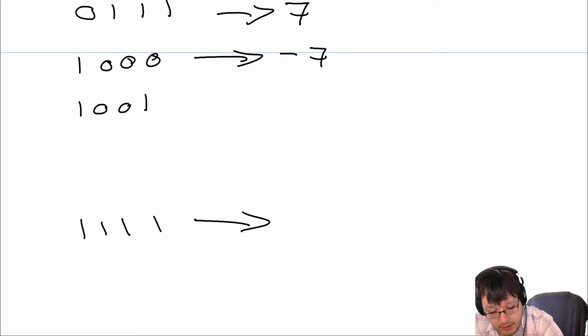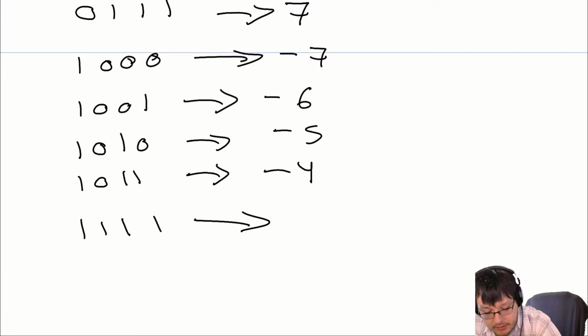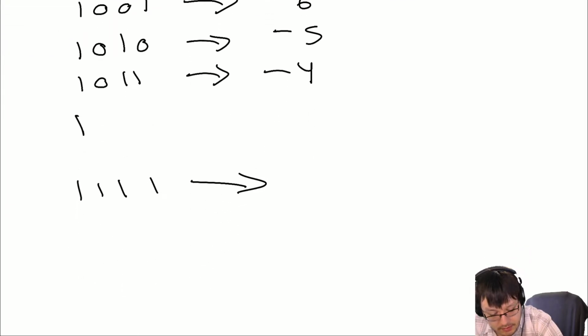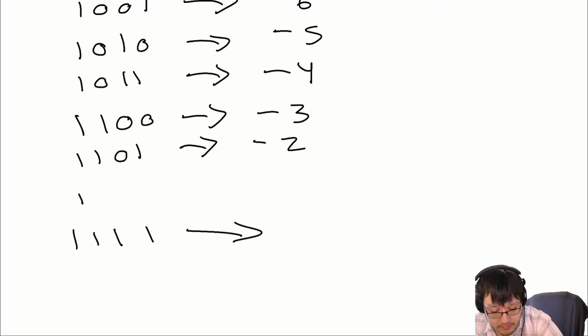Because then 1, 0, 0, 1 would be -6. 1, 0, 1, 0 would be -5. 1, 0, 1, 1 would be -4. 1, 1, 0, 0 would be -3. 1, 1, 0, 1 would be -2. 1, 1, 1, 0 would be -1.